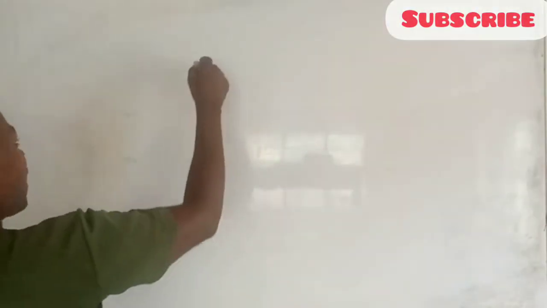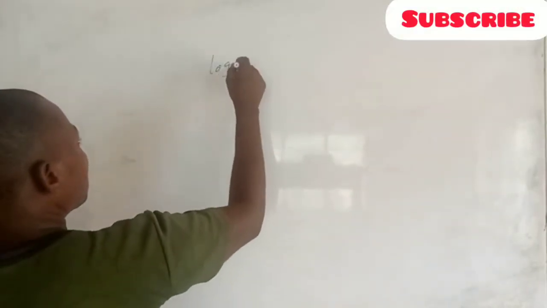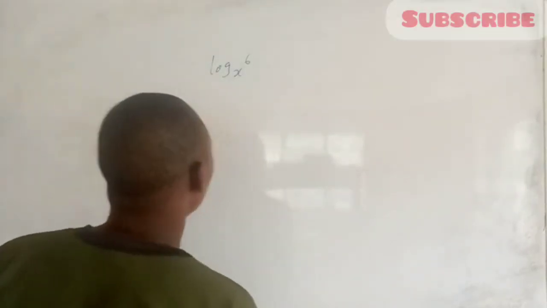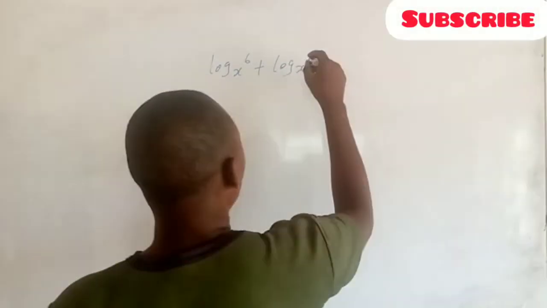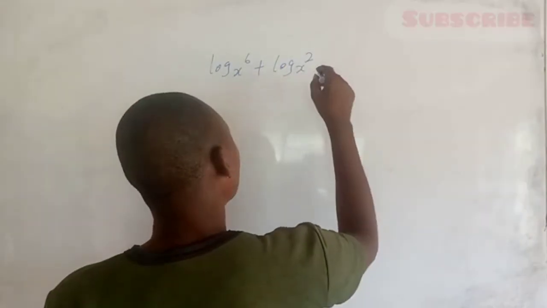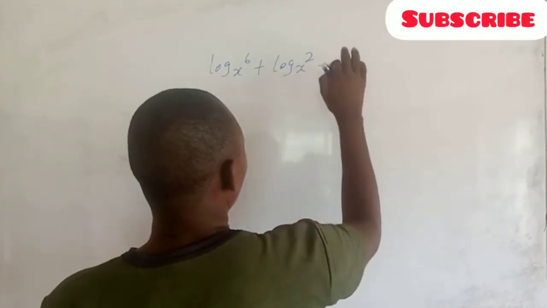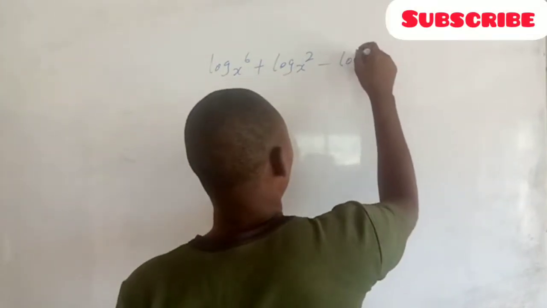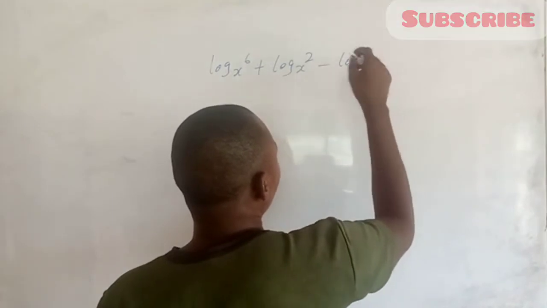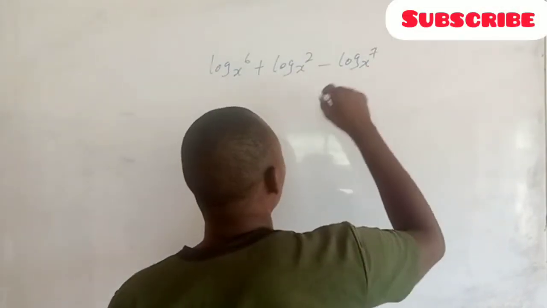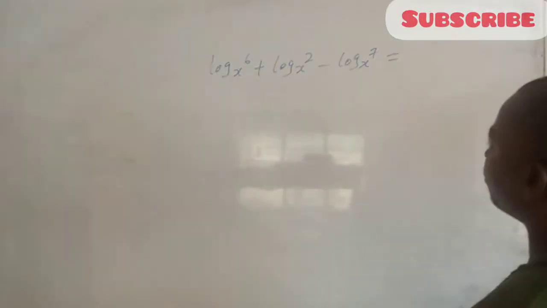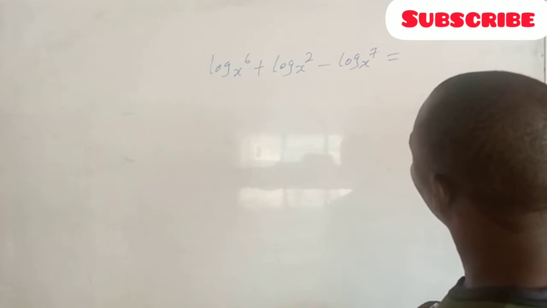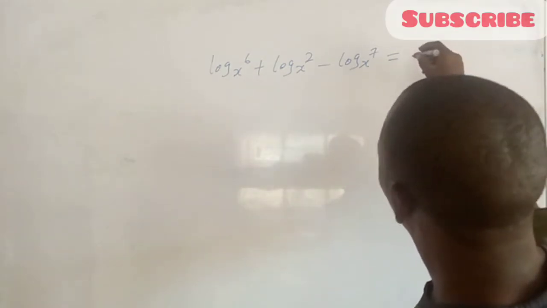So let's take some questions under that. We have log x raised to power 6 plus log x raised to power 2 minus log x raised to power 7 equals 3.